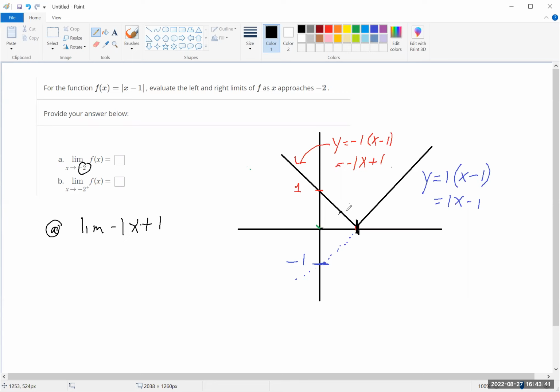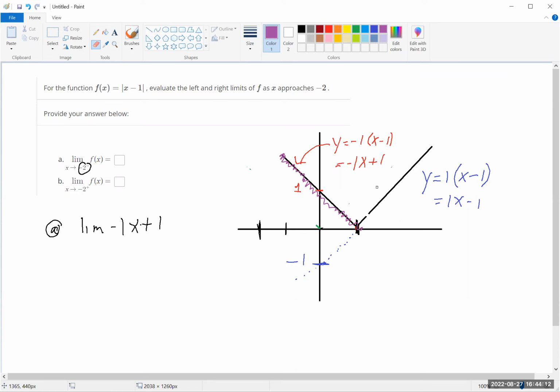So now, recognizing that they don't, we are actually looking at, as we approach -2 from the left, so we're actually interested in just the left part of this curve. So we're actually just interested in this part and don't really care so much about this part.